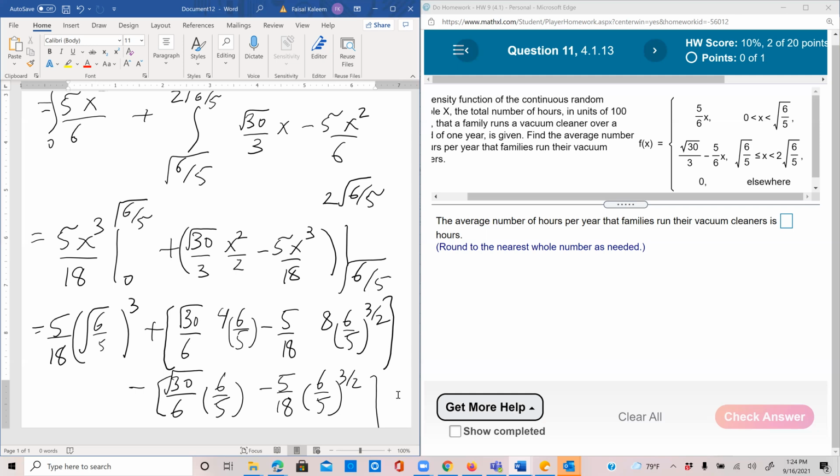Minus 40/18 times 6/5 to the 3/2, minus 40. Okay, and then we have minus 30, minus square root 30 by 5, and then plus 5/18 times 6/5 to the 3/2.